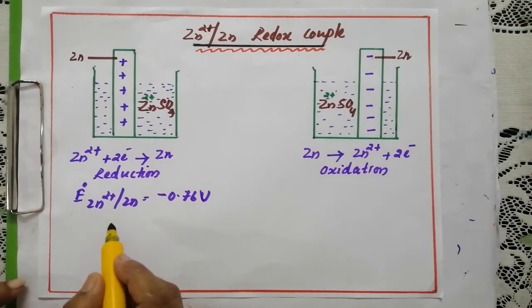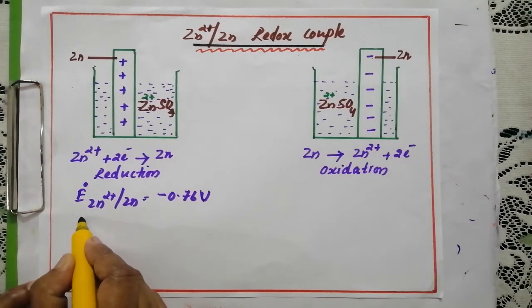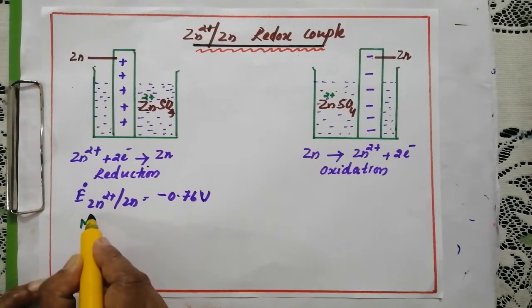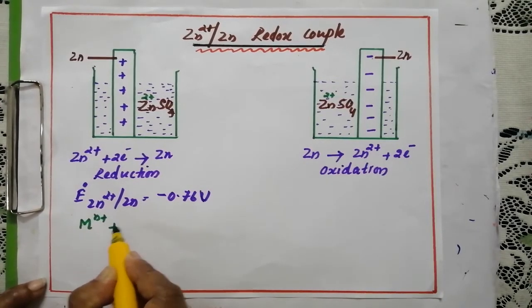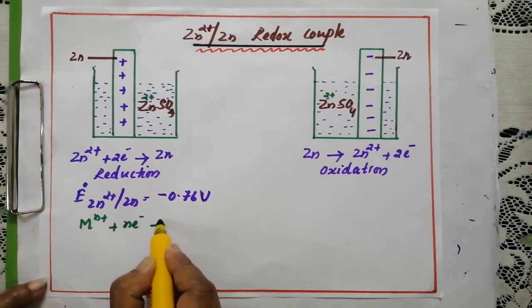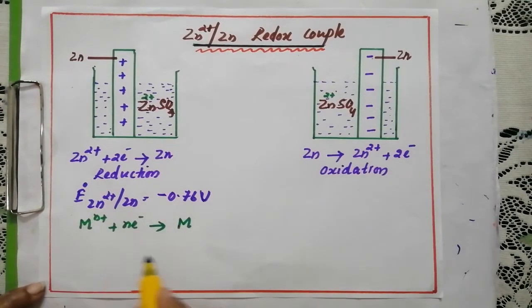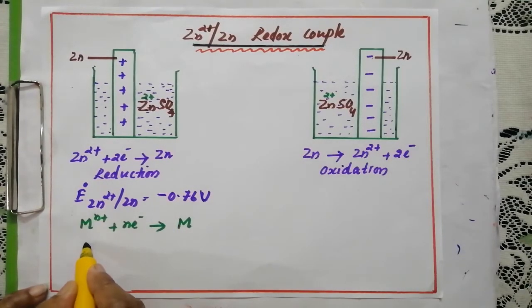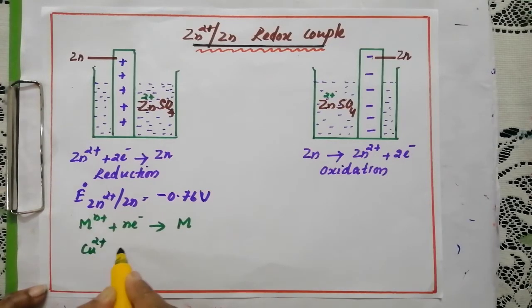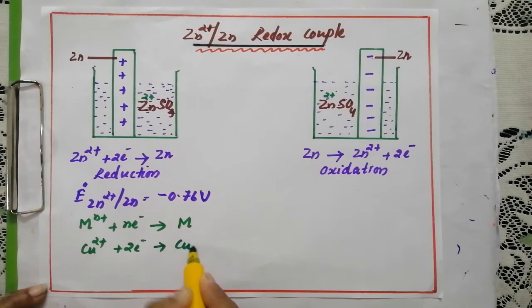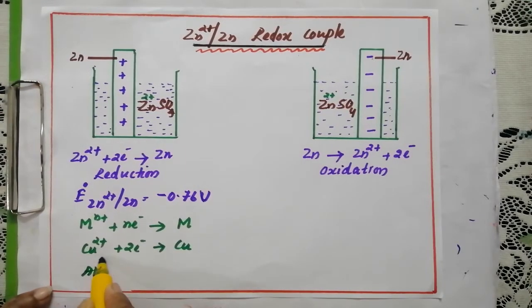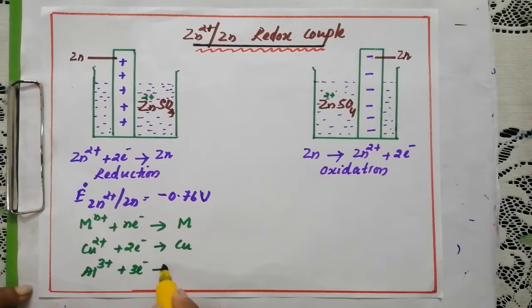In general, we can represent the reduction reaction as Mn+ + n electron giving M. For example, Cu2+ + 2 electron giving Cu. Al3+ + 3 electron giving Al. Here n is 2 and here n is 3.